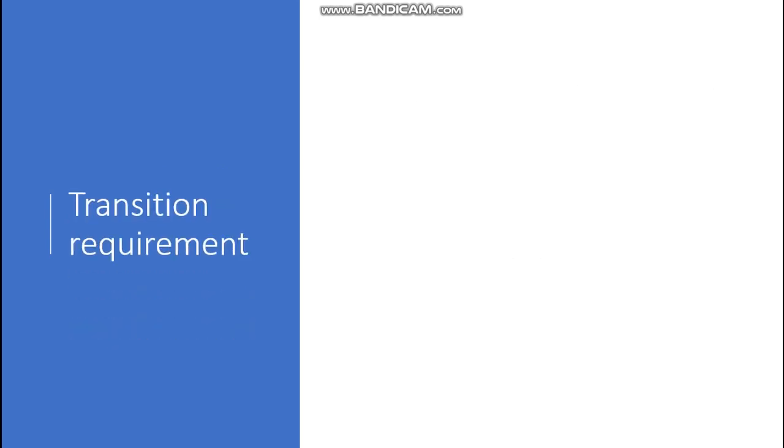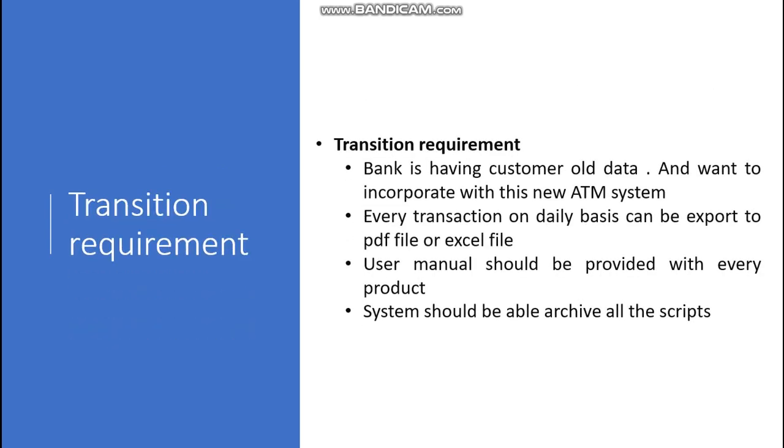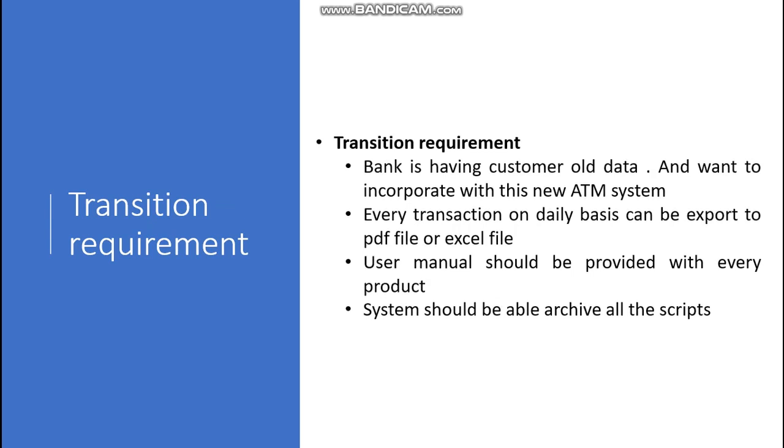Lastly, transition requirement. What is transition requirement? It is all about sharing knowledge or sharing data. A bank is expected to replace its ATM system. The bank has old data and wants to incorporate it into the new system. The old customer data which the bank has has to be incorporated with the new system.